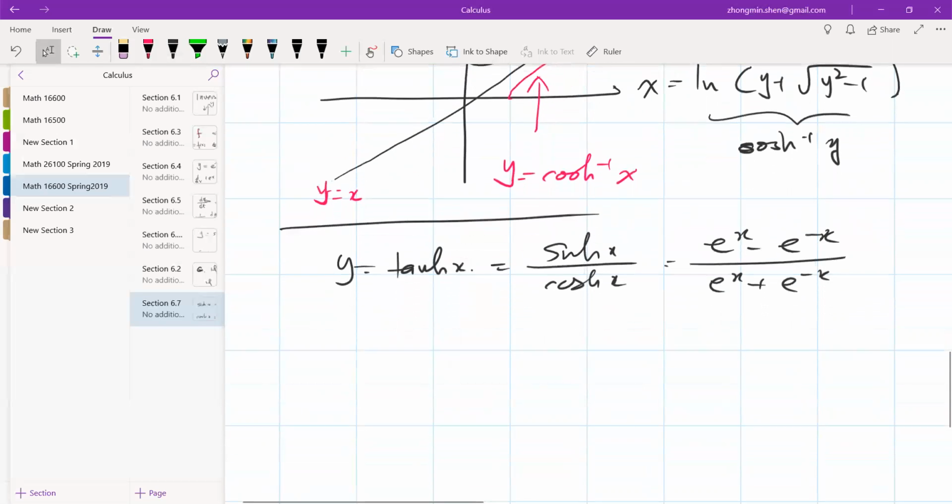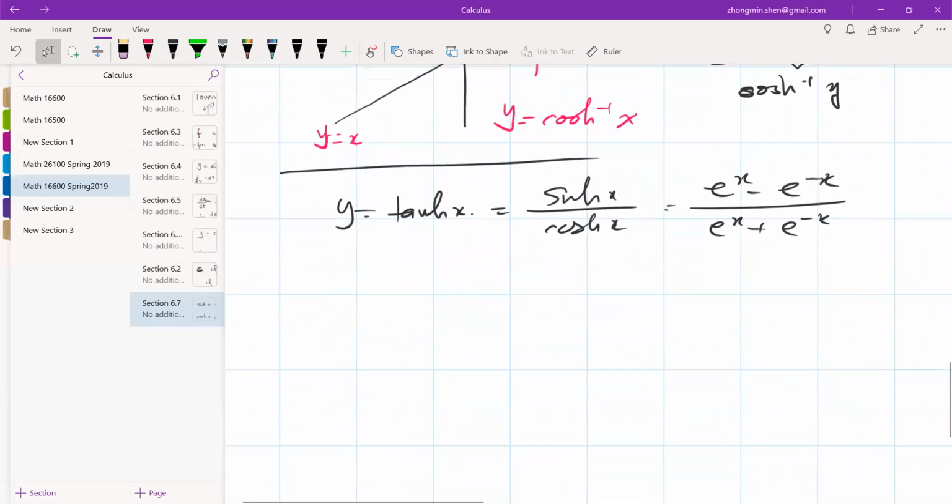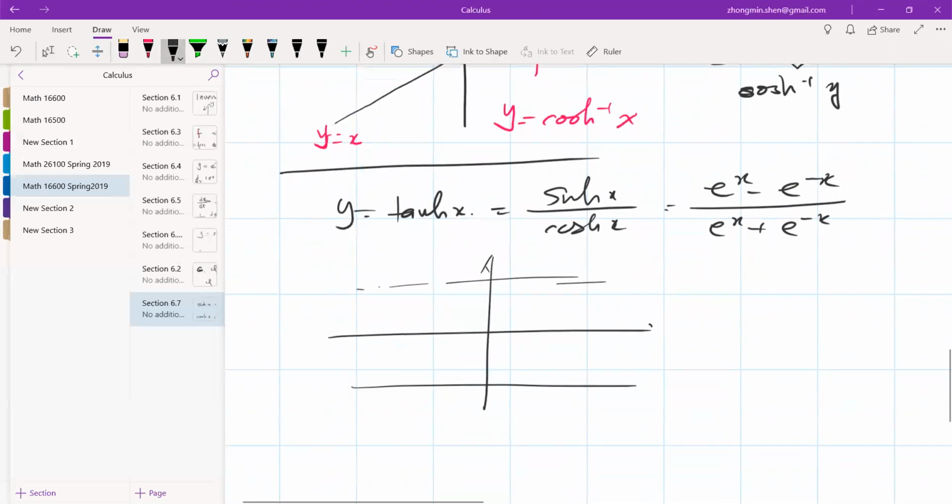So the graph of this function has 2 horizontal asymptotes. One is y equals -1, the other one is y equals positive 1. So the graph looks like that. It's increasing and it has horizontal asymptotes.